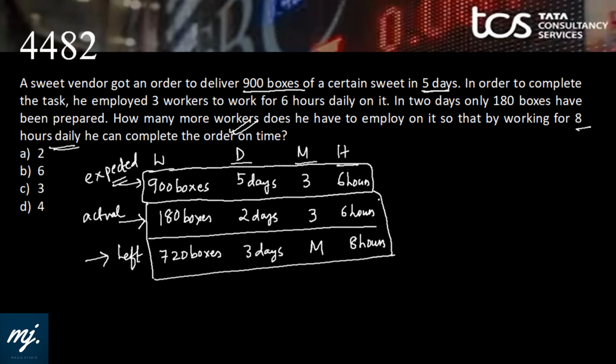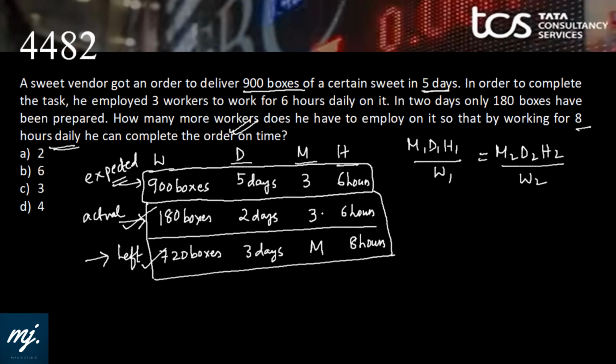That means our formula will be applicable on these two sets of data, because for these two sets of data, efficiency of men is the same. Clear? Our formula: M1 D1 H1 by W1 equals M2 D2 H2 by W2.